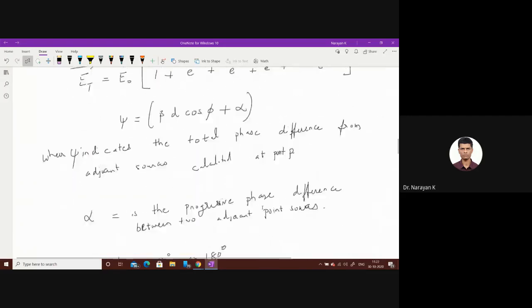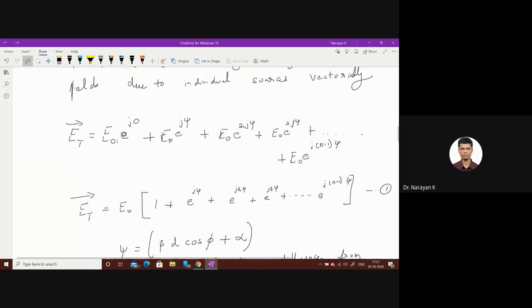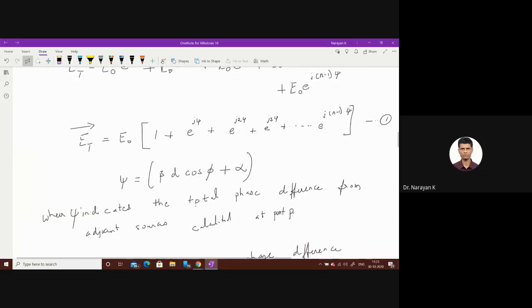So what we have done here, we have taken n point sources with progressive phase shift, A1, A2, A3, A4. We have taken the origin at the point source A0 itself, so you will get the first one E0, then e raised to the power j psi, 2 j psi, all those things. That will be your equation 1.